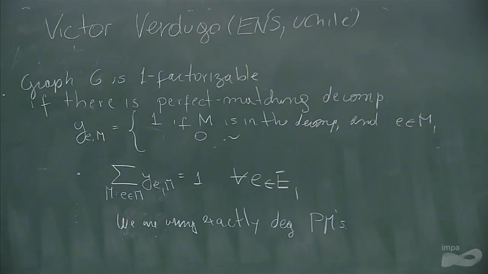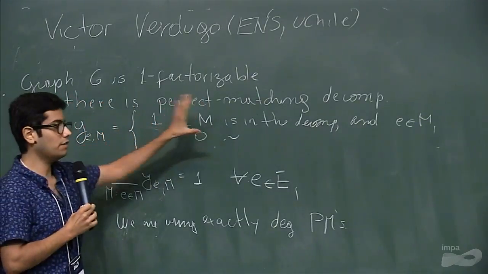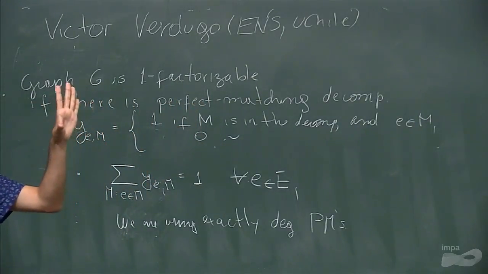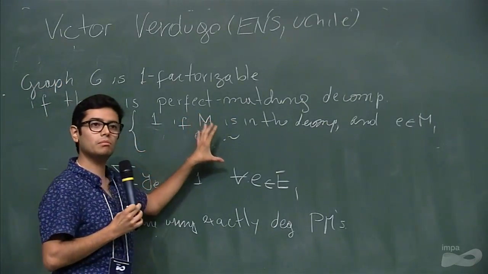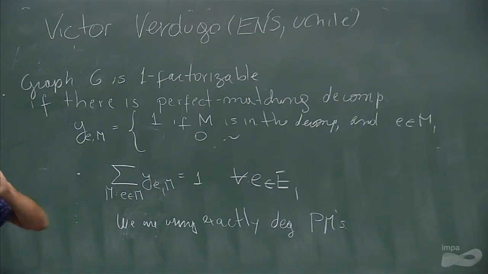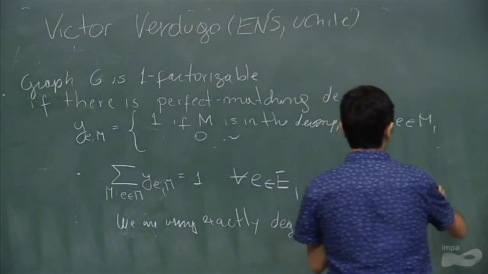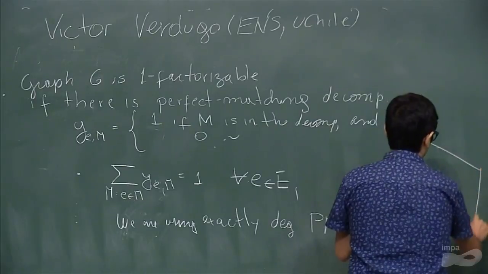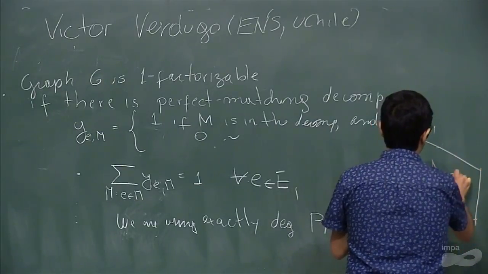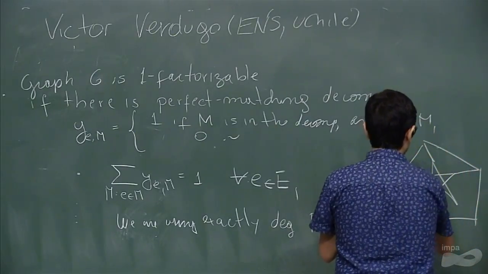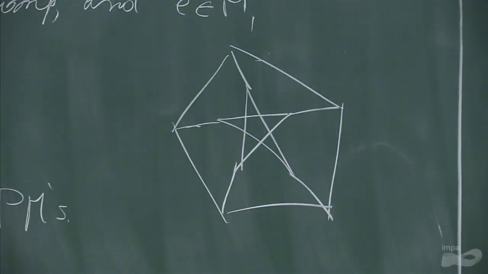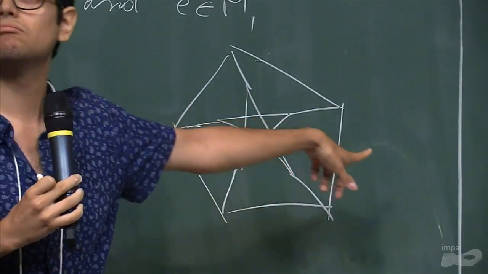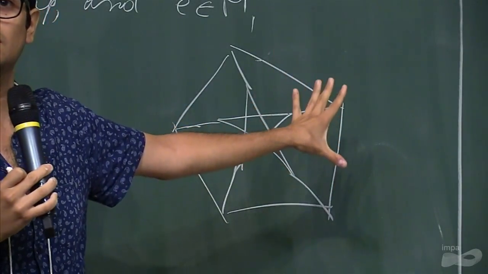And the thing is the following. There are some graphs for which we can find such an integer decomposition, but there are some others where this is not possible, but fractionally it is. Let me give you an example: the Petersen graph. You can check by hand easily that you cannot find a one-factorization. There are 6 perfect matchings.